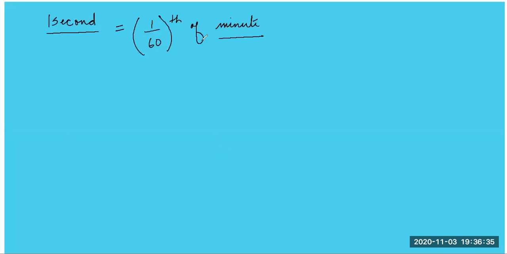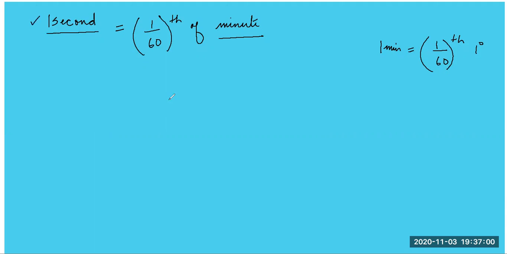You don't relate this to 60 seconds equal to 1 minute in time. Now we are talking about the angle, which is 1 minute. 1 minute angle is 1/60th of 1 degree. That small angle, if you still divide it into 60 parts, each part would be known as 1 second.